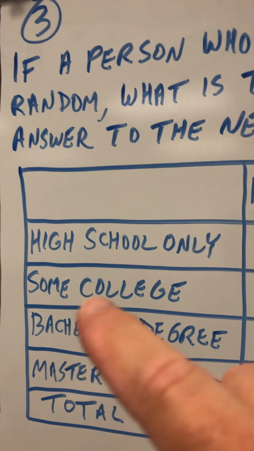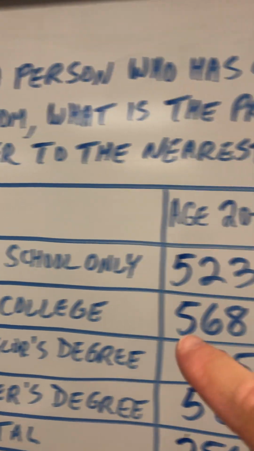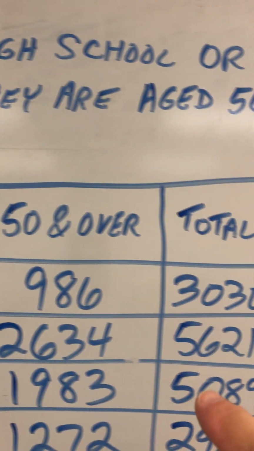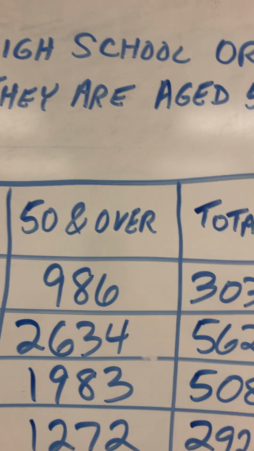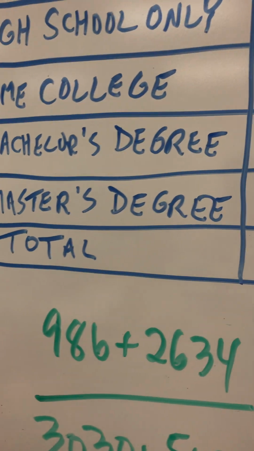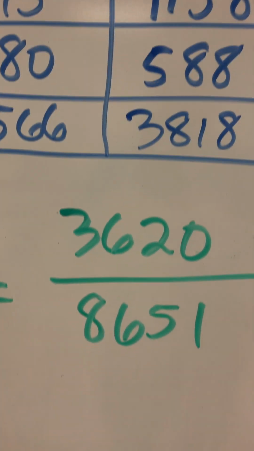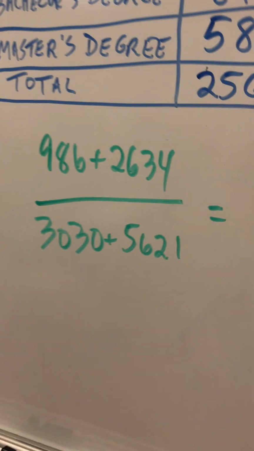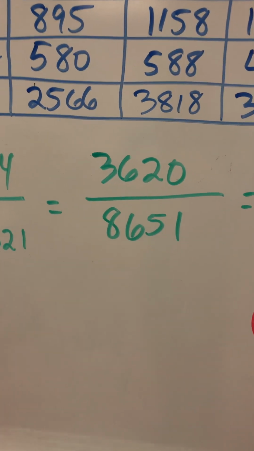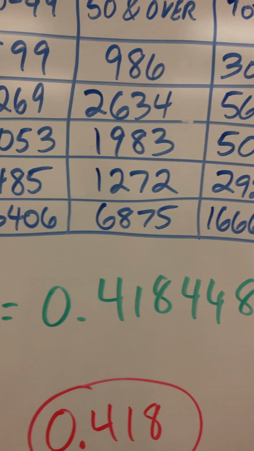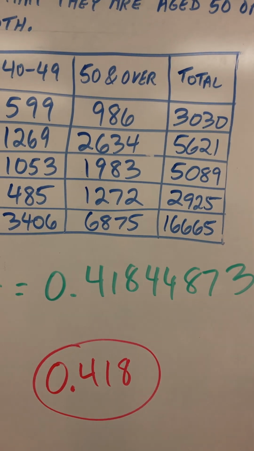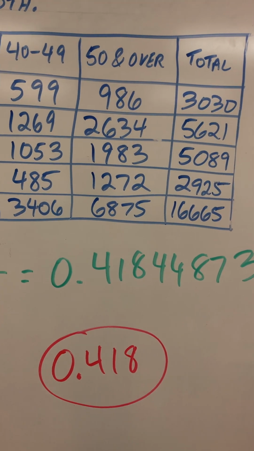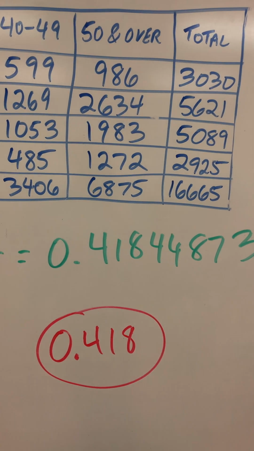Because we're talking high school or some college is 986 plus 2634. 986 plus 2634 is your 3620 over the 8651. When you divide those, you get 0.418444873. Is that closer to 0.418 or 0.419? It's closer to 0.418.